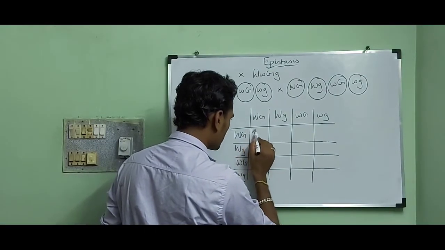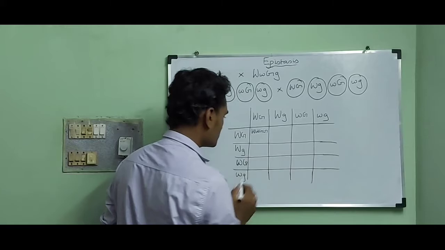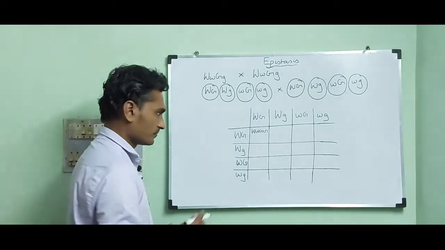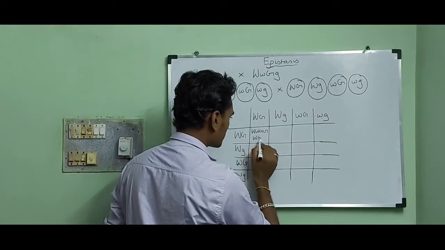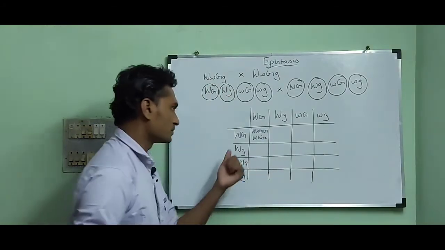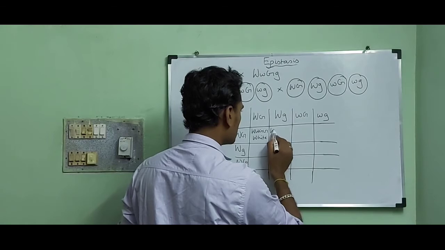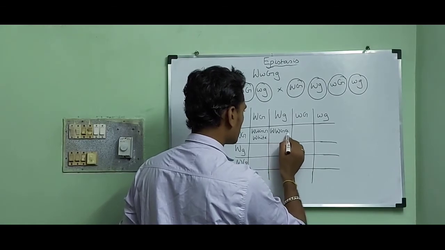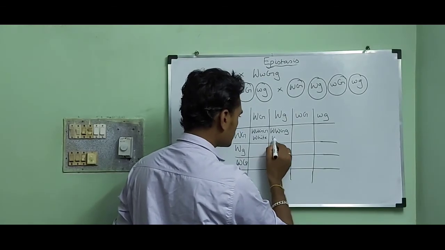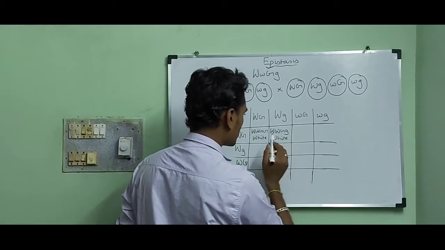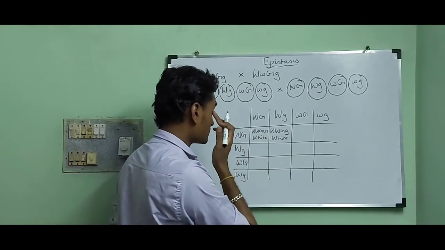Capital W, capital W, capital G results in white color because the epistatic gene is present. Then capital W, capital W, capital G, then the fruit color is white because of the presence of the epistatic gene W.